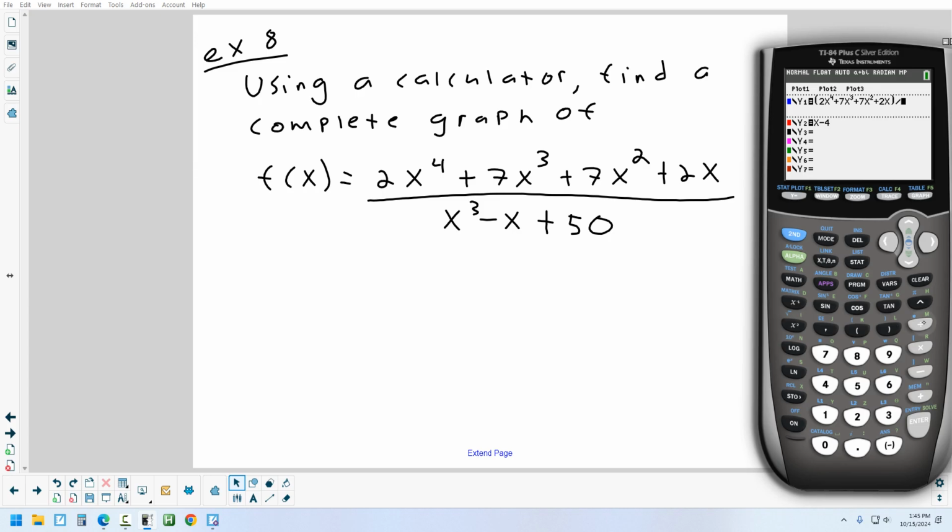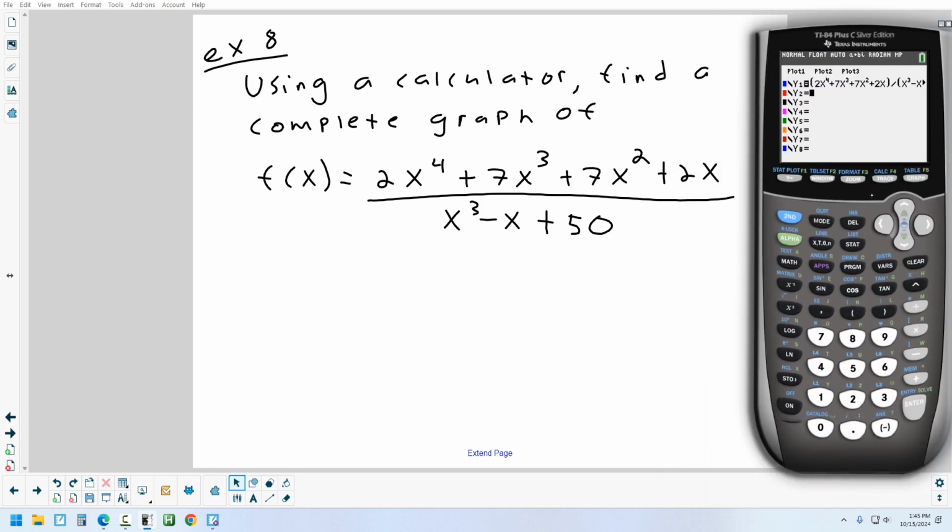And we're going to divide that by x cubed minus x plus 50. Other than the parentheses, you can type it in exactly like what you see right there.